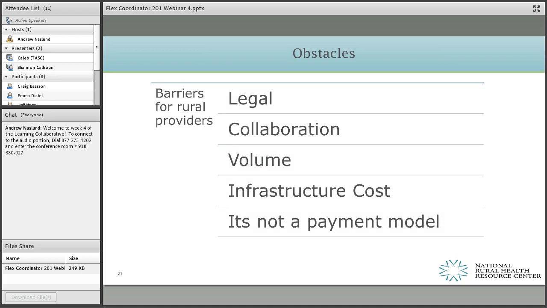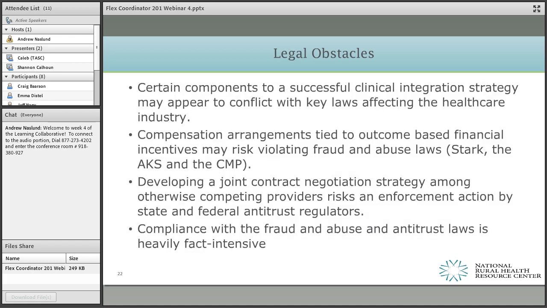So now let's briefly talk about the obstacles. There are several barriers for rural providers, and you might recognize them as the same things that I said in the opportunities. So let's just dive into these 5: legal, collaboration, volume, infrastructure costs, and not being a payment model.